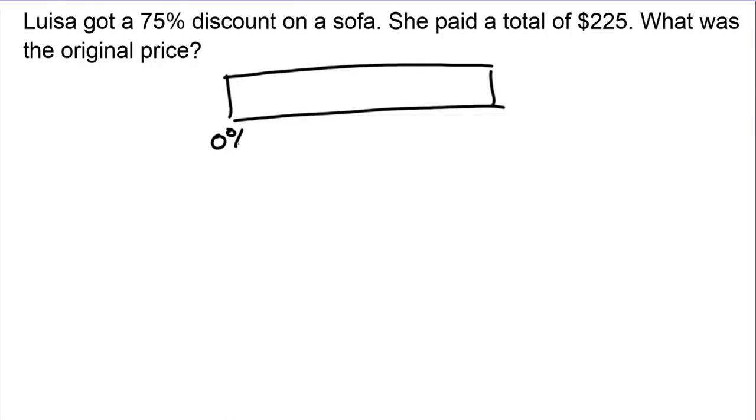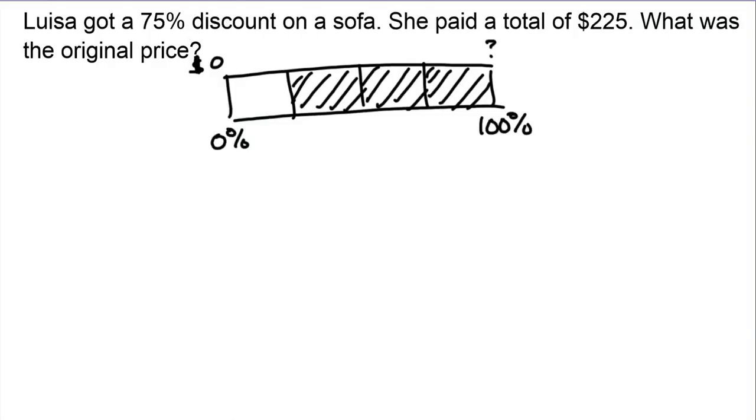So if this is 0% and this is 100% of my bar diagram, and this is $0, that would be 100% off. And then I don't know what the original price was, but we took 75% off. So if I kind of cut this into fourths here, this would be 25% off, 50% off, 75% off.